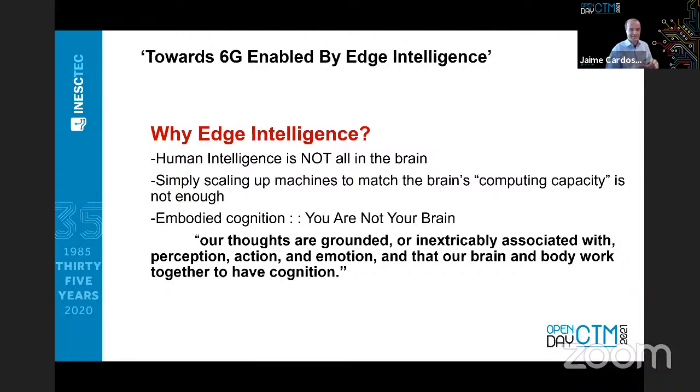Therefore, it really makes sense to question the centralized model. I know that the mainstream in AI is probably for this simplified, centralized approach, but what is called embodied cognition is gaining traction, and it's probably something to pay attention to in the future.